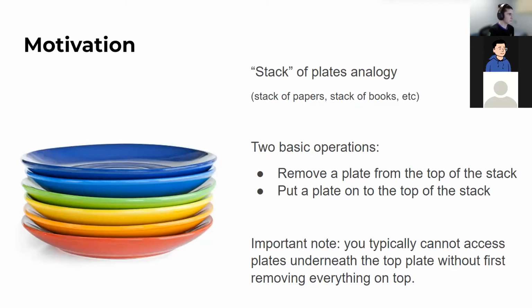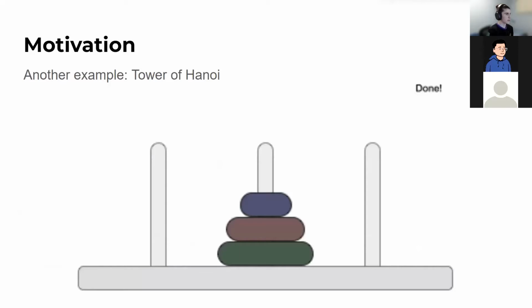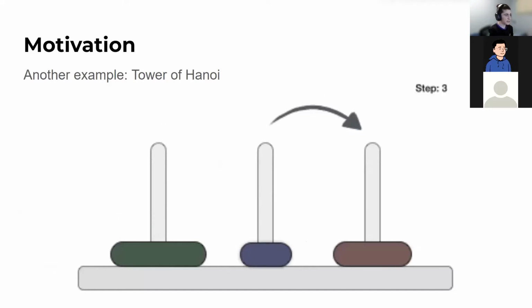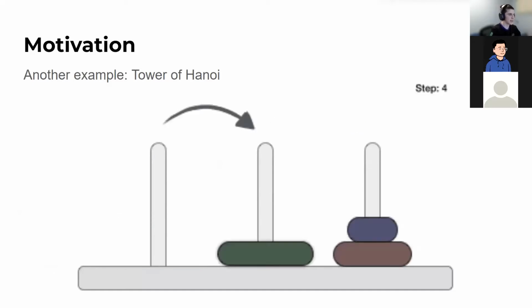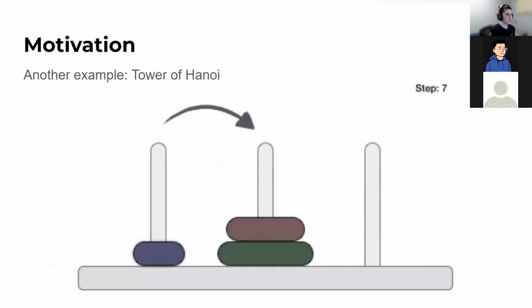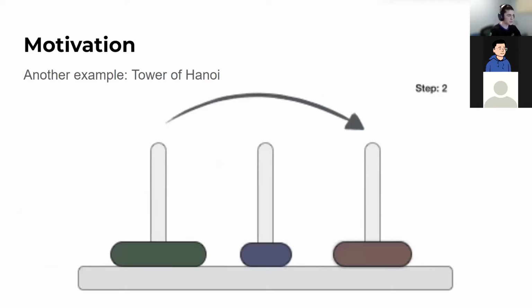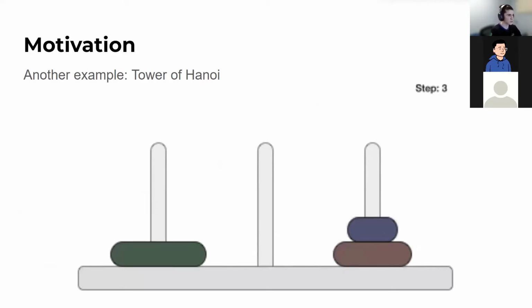Another example would be the Tower of Hanoi game. In this case, each peg is basically its own stack. To play the game, you have to reorder the discs onto a different peg than the one you start on.